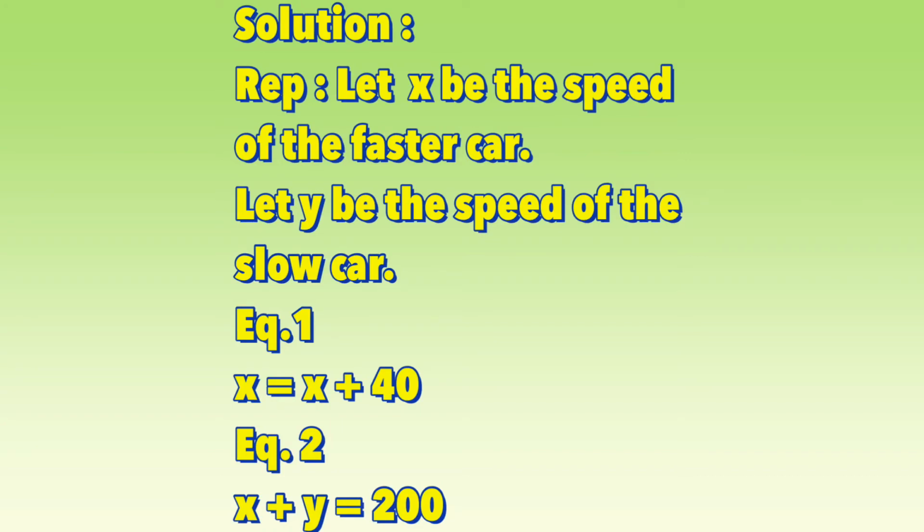So our representation: let x be the speed of the faster car and y be the speed of the slower car. And our first equation, from the statement 40 kilometers per hour faster than the other, is x equals y plus 40.